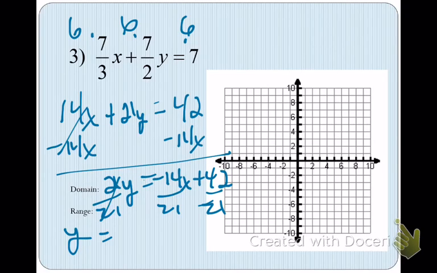And so y is equal to negative 2/3 x plus 2. Okay? All right, so graph, y-intercept is 2. Negative 2/3 is the slope, so go down 2, right 3. Down 2, right 3. And we're ready to draw our line. Okay? So something like that.